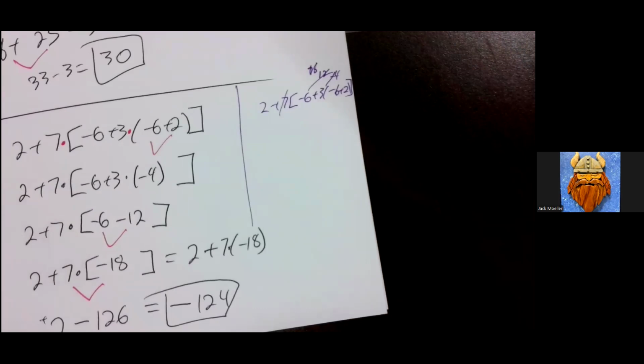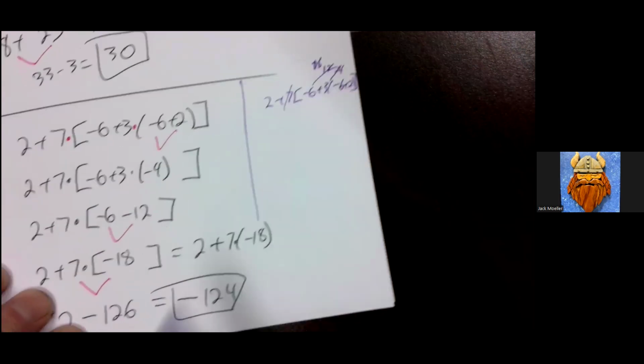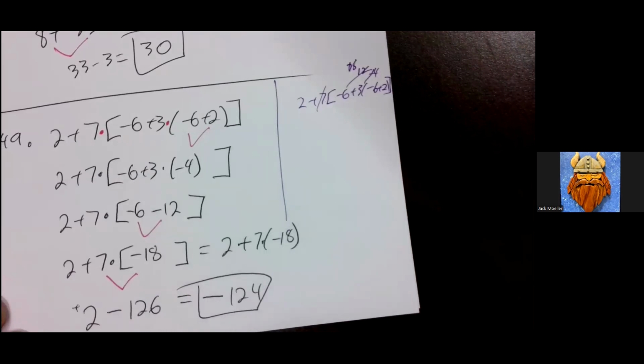If you get the right answer, great. But what's the problem with that? Well, one, how easy is it to lose track of what you're actually doing? If you do make a mistake, what do you think your chances are of finding it if you're writing it like this versus writing it like this? Right. So paper is cheap compared to what you're spending for college, particularly when you do these order of operation problems. Take the time and space to write out your work. You're going to get more consistent right answers if you do that.